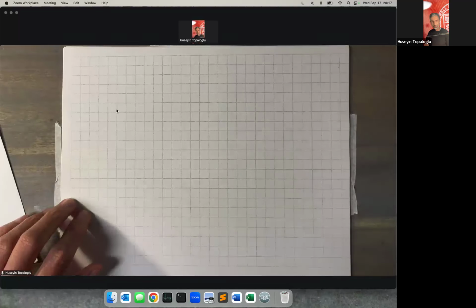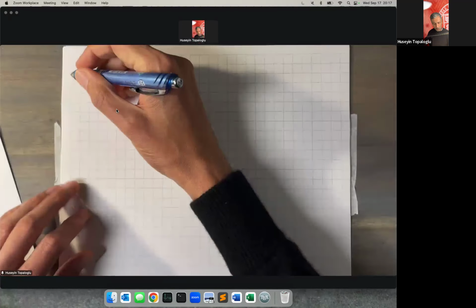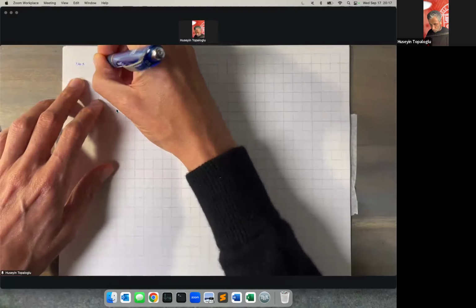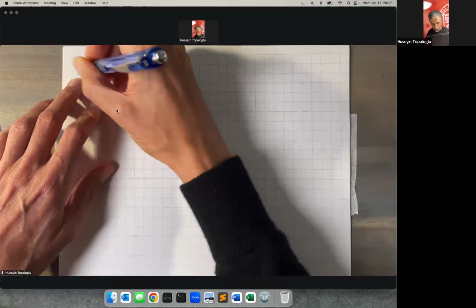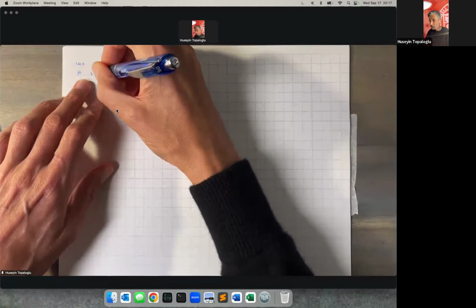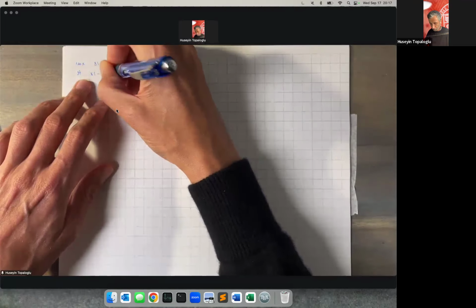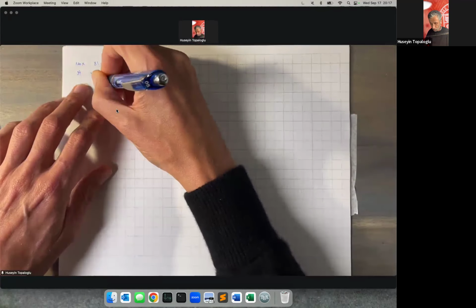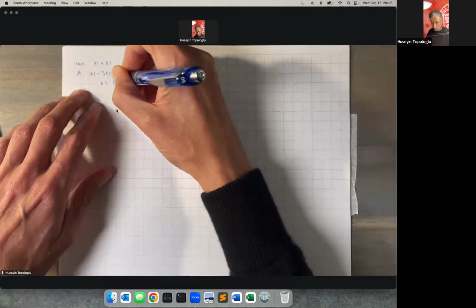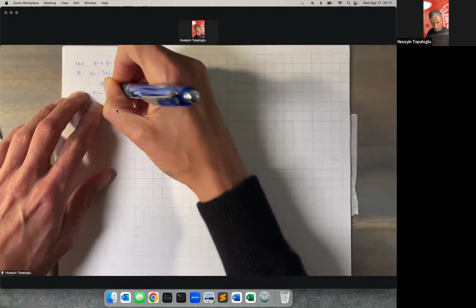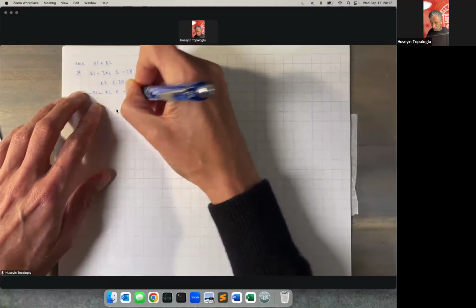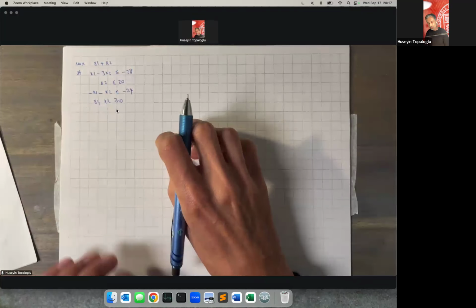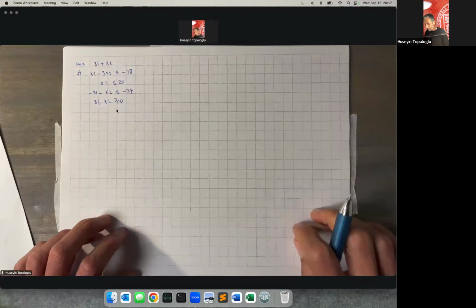Let's say that we would like to solve a linear program: maximize x1 plus x2, subject to the constraints x1 minus 3x2 is less than or equal to minus 28, x2 is less than or equal to 20, minus x1 minus x2 is less than or equal to minus 24. My decision variables are non-negative. So I would like to solve this linear problem.